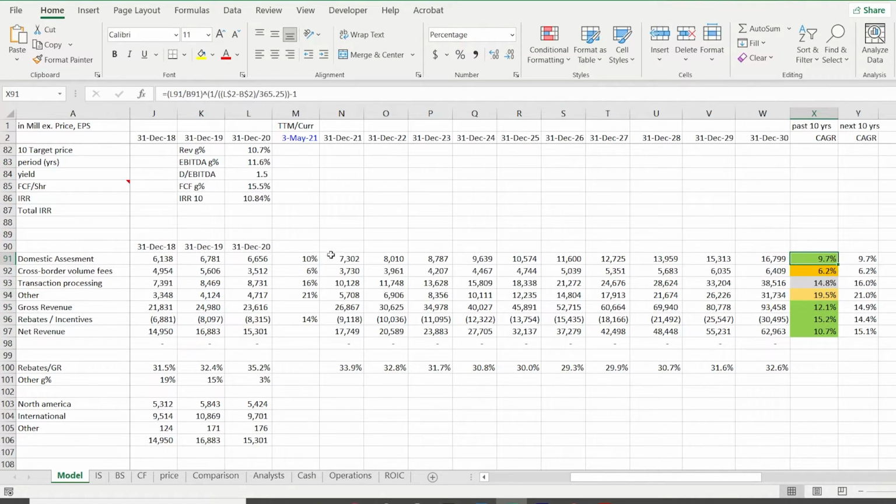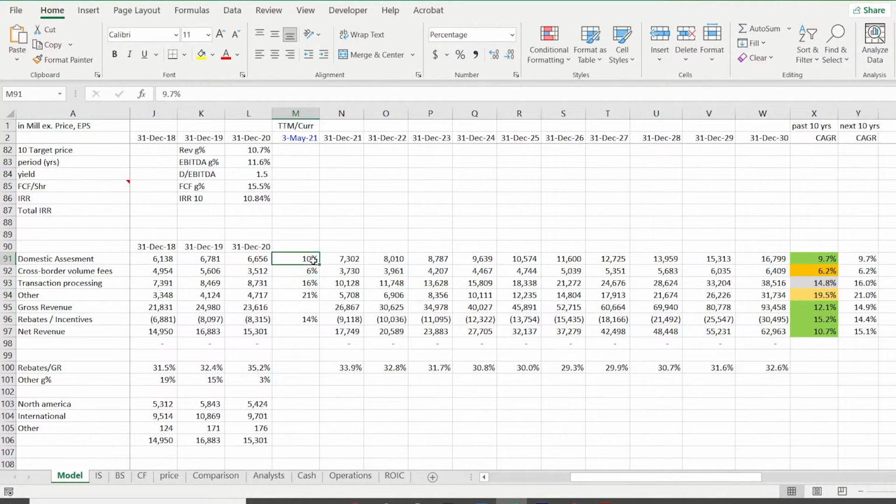And what I'm going to do is assume similar growth to what they have had in the past. But I think that I'm going to add a few percentage points in some of them, which are going to benefit from the movement to online, which has been accelerated by COVID, and that's going to persist, I think.